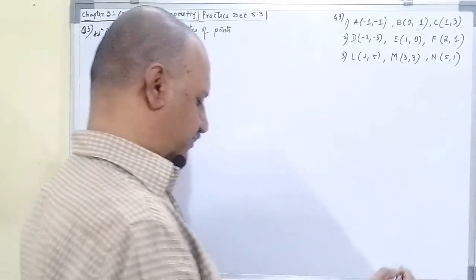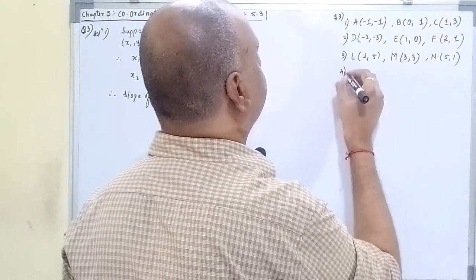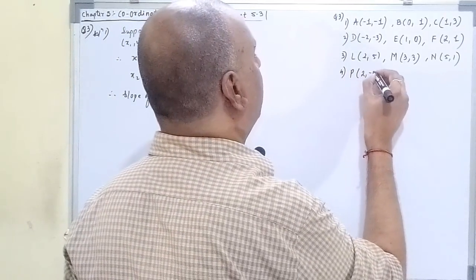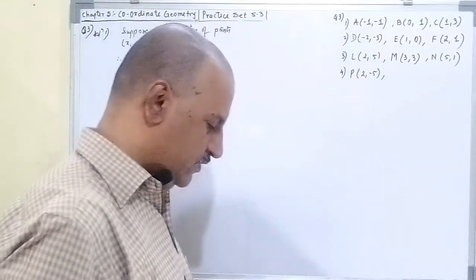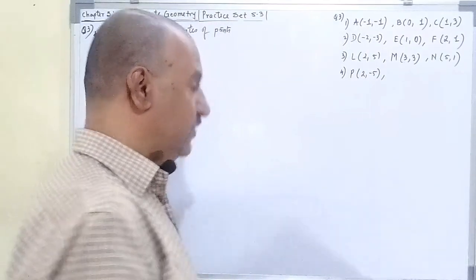Fourth, 2, minus 5, Q and R is 1, minus 3, and minus 2, 3.